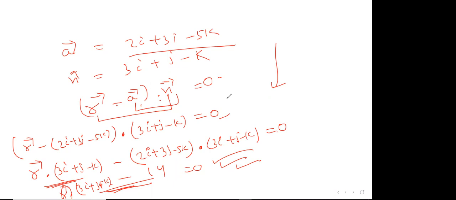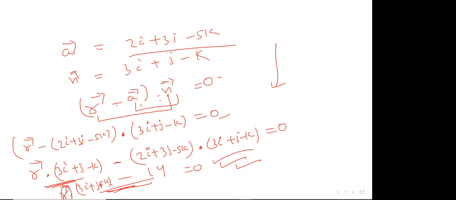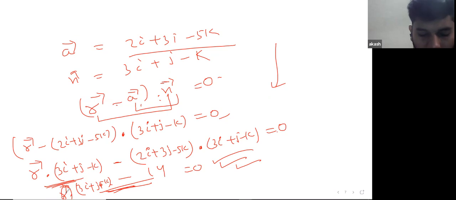So r is in brackets at the end? No, this is simple r. r dot this minus 14. I just circled it to show you I replaced r. Okay. So the plane topic is also finished.